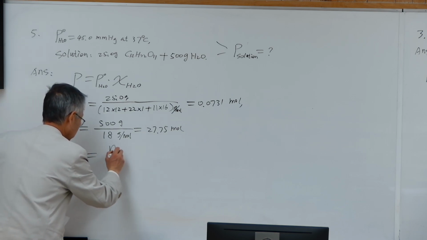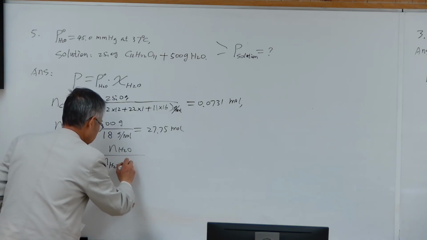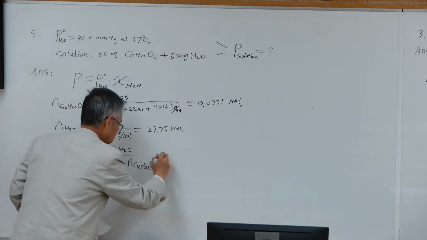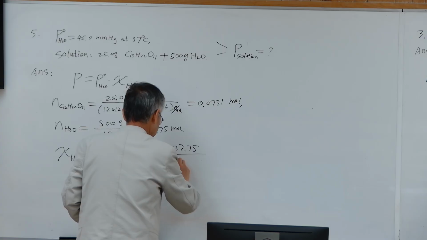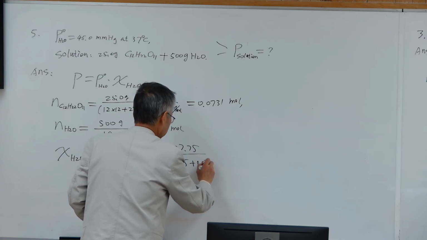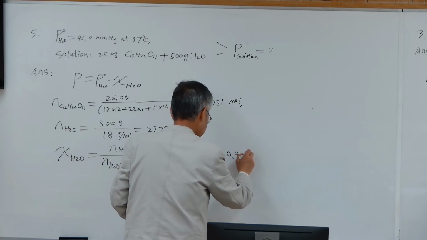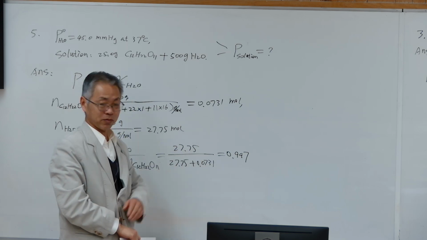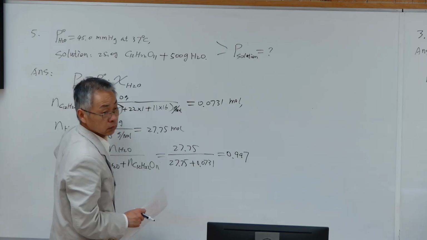Yes. Mole fraction of water equals moles of water divided by total moles of water and sucrose. Water 27.75 divided by total moles, which is 27.75 plus 0.071. Mole fraction is 0.997. No unit. This is moles divided by moles, right? This is a pure number, no unit.